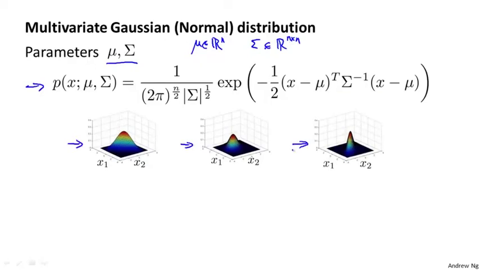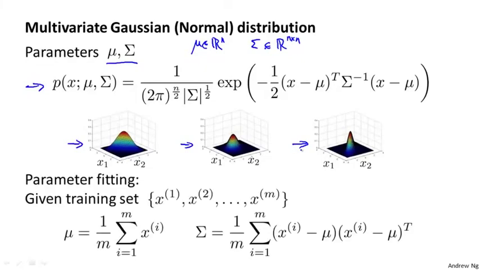So let's talk about the parameter fitting or the parameter estimation problem. The question, as usual, is if I have a set of examples x1 through xm, and here each of these examples is an n-dimensional vector, and I think my examples come from a multivariate Gaussian distribution, how do I try to estimate my parameters mu and sigma?